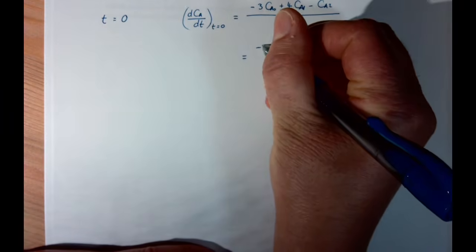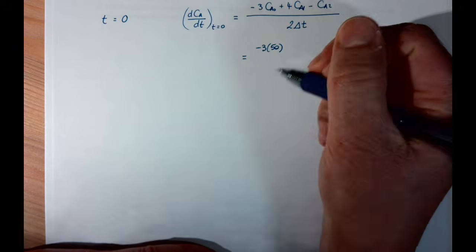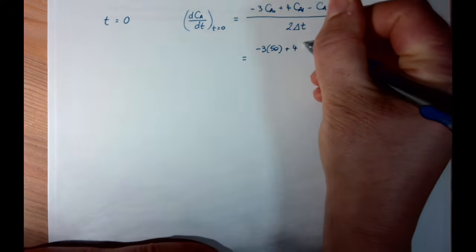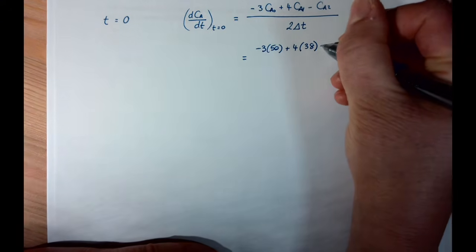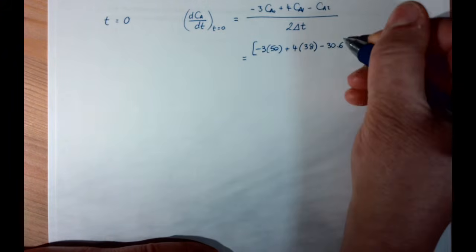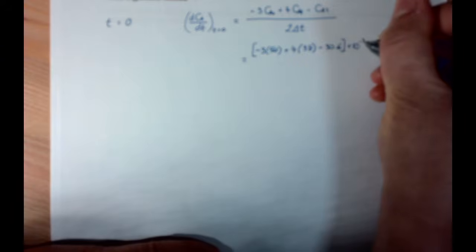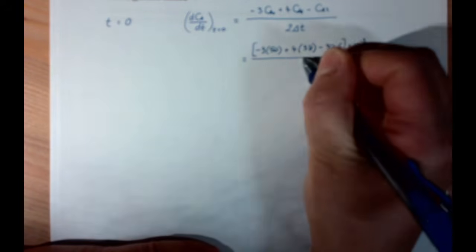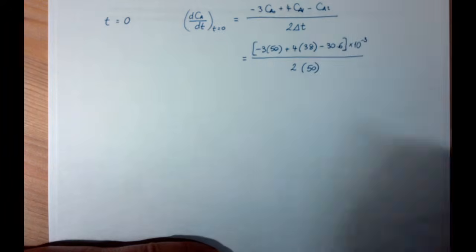So plugging in those numbers, I'd have minus 3 times 50 plus 4 times 38 minus 30.6, and I'm multiplying all of these concentrations by 10 to the negative 3, divided by 2 times delta t, which is 50 minutes.